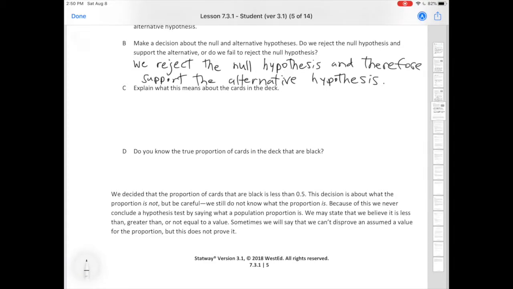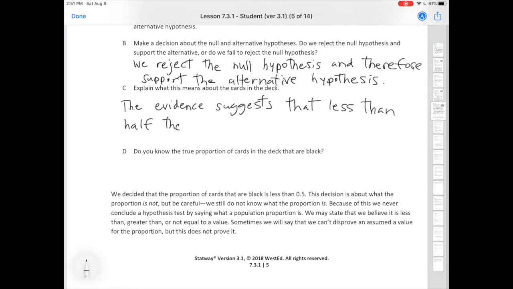This means the evidence suggests that less than half the cards are black. Again, we're basing this on evidence. This isn't about personal feelings, right? So the evidence suggests that less than half the cards are black.